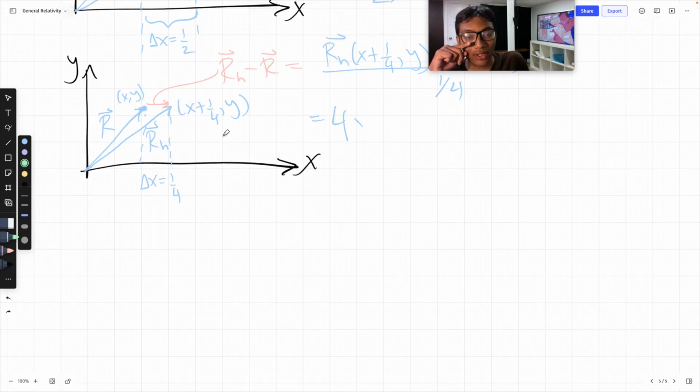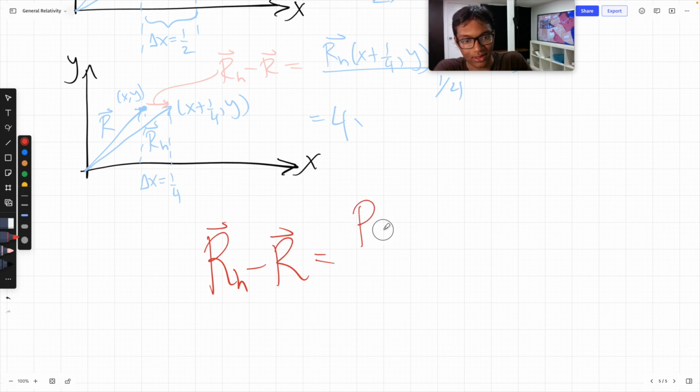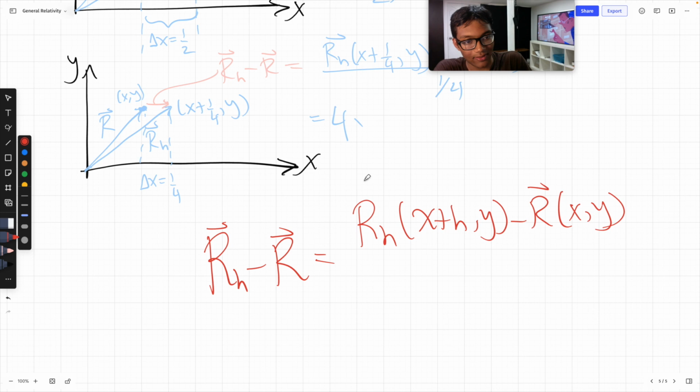And so if we extrapolate this, just take our imaginations a little bit further, then let me grab the red marker, then we can say that r sub h minus r is equal to r sub h of x plus h comma y minus r at x comma y, these are both vectors, divided by h.